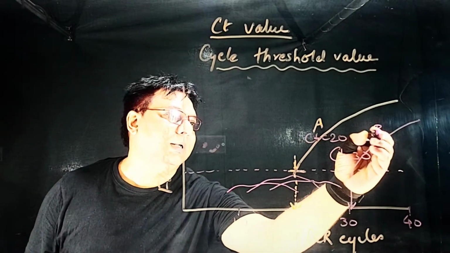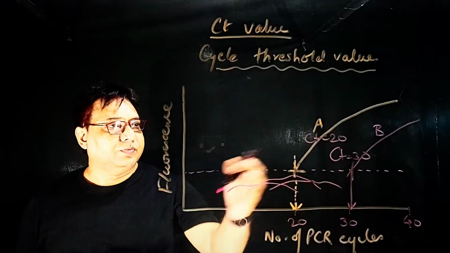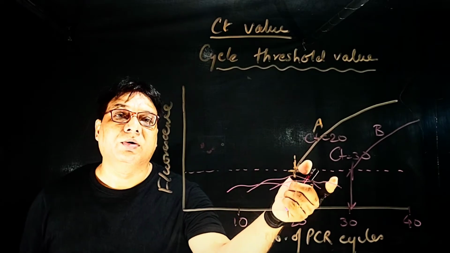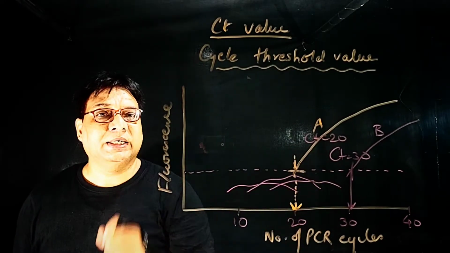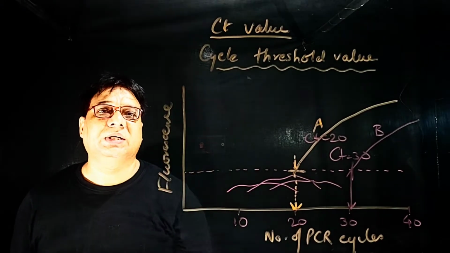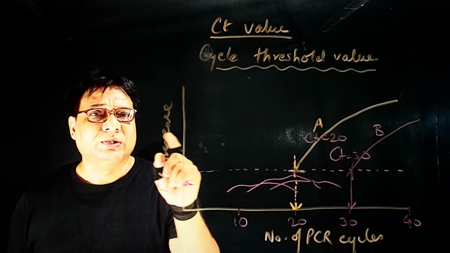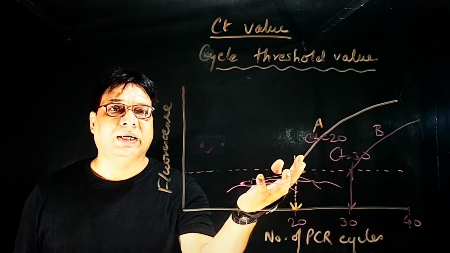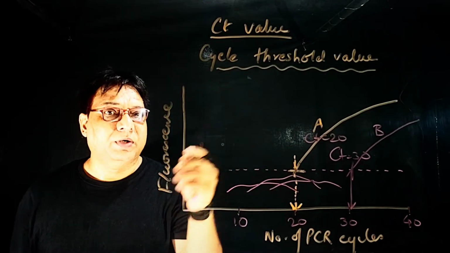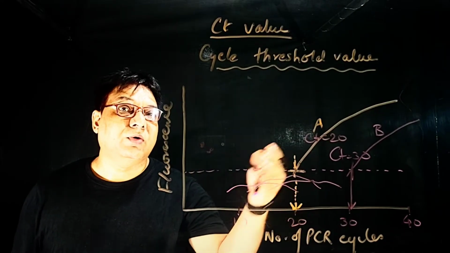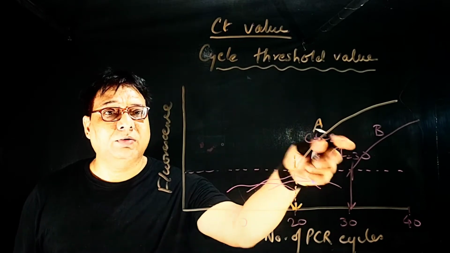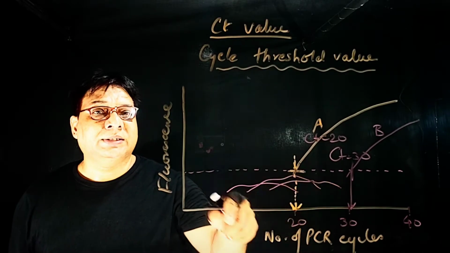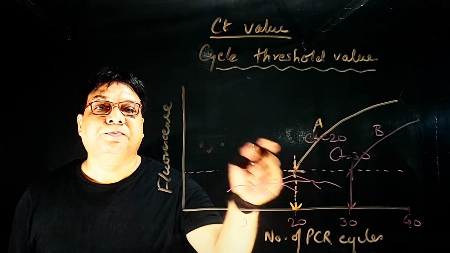This is sample B. So what does this mean? A higher CT value means your DNA or RNA at the initial stage was very, very little, so it took many more cycles to amplify the same amount of DNA which was produced in fewer cycles with sample A.